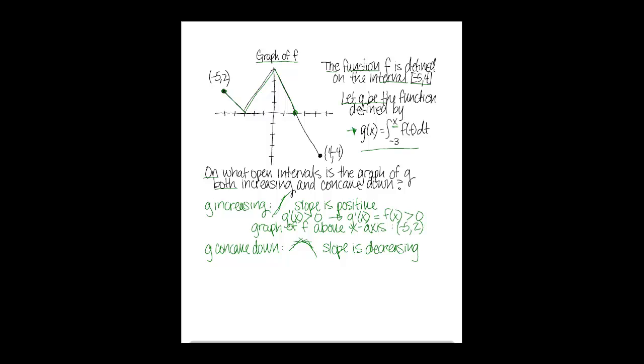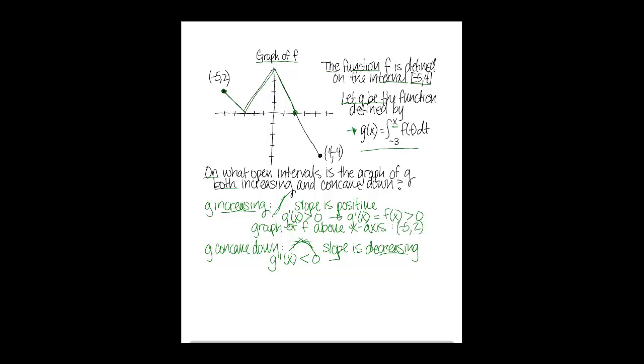So decreasing, if we connect that to what we talked about a minute ago, well, decreasing means the slope is negative. So basically the slope of the slope is negative, or we're talking two derivatives. So we're looking at the second derivative of g here has to be negative because it's decreasing, or less than 0.